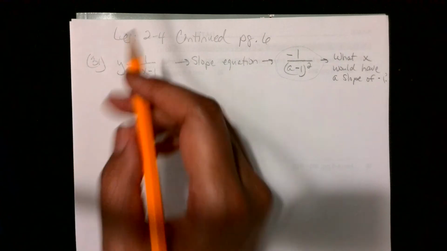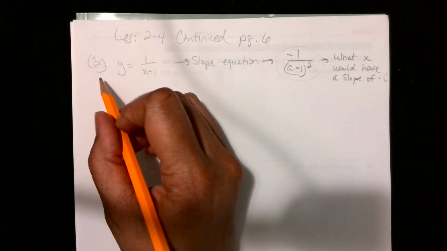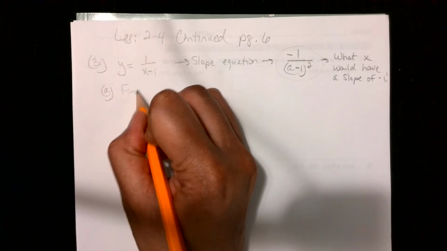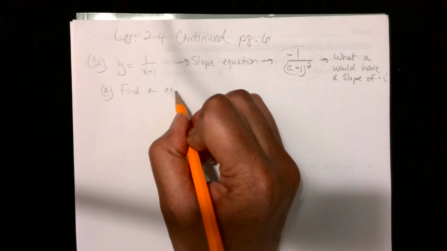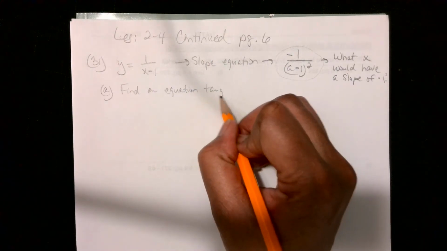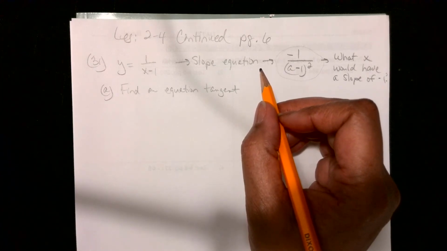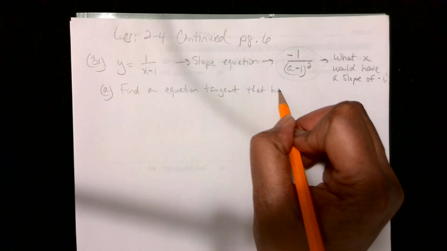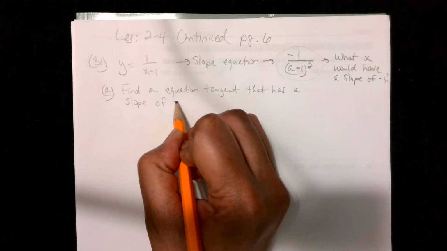All right, so we need to find an equation, tangent, that has a slope of -1.